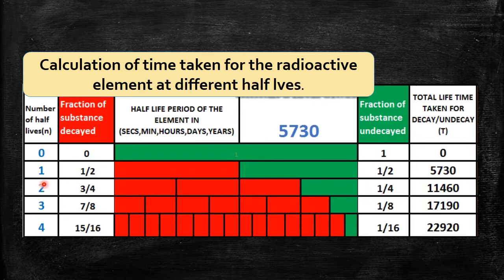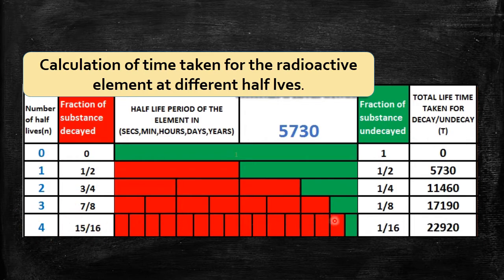In the third half-life period, 7/8 of the element is decayed, 1/8 of the element is not yet decayed, that is undecayed. For that it takes the time of 17,190 years. In the fourth half-life, 15/16 of the element is decayed. That's why it is shown in red color.